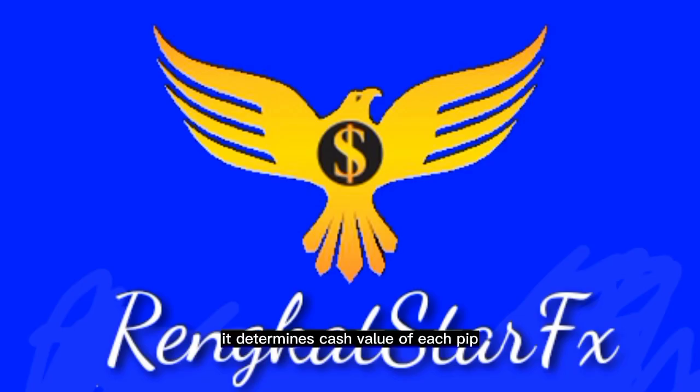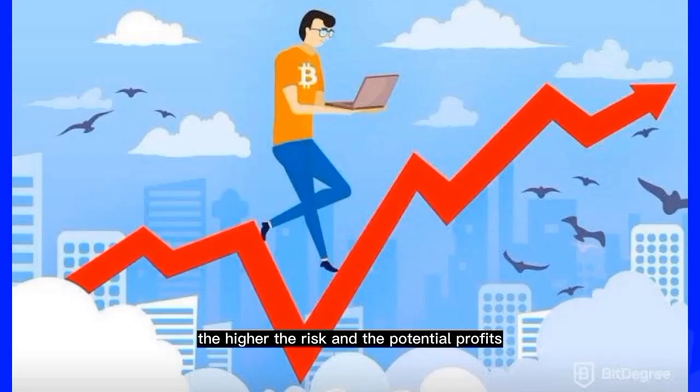It determines the cash value of each pip or 2 to 3%. For a given leverage setting, the larger the lot size used, the more every pip moves against you. That means the larger the lot size, the higher the risks and the potential profits. So it is advisable that you categorize the risks.